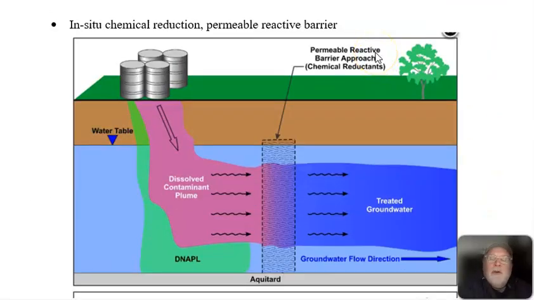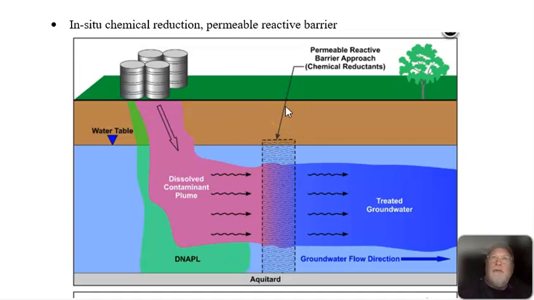In situ chemical reduction, one of these is a permeable reactive barrier, and this is cool technology. I worked on one, actually I Googled it a while back. It was not the first one ever done, but one of the first ones ever done. So you have groundwater. We had it going toward a river. And what you can do is you can put in a barrier.